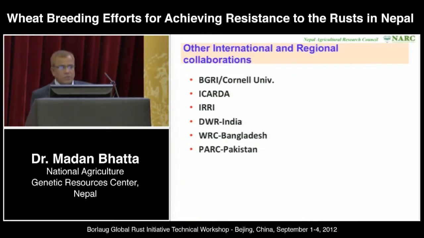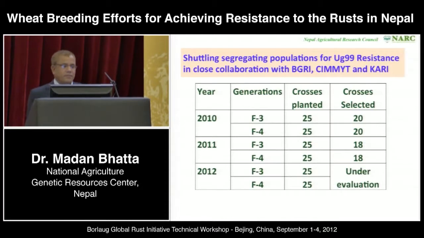Seed Project supported activities. Once we had an occurrence of Pgt race Ug99, we worked closely with BGRI and CIMMYT to identify Ug99 resistant varieties.